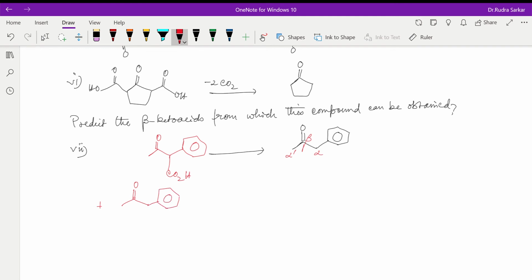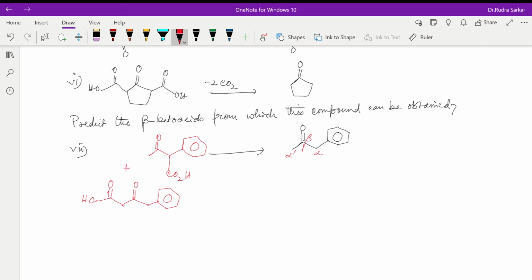So I've joined one in the alpha position. I will join another in the alpha prime position. And one may think at this stage that the answer will be 2, but that is not the case.